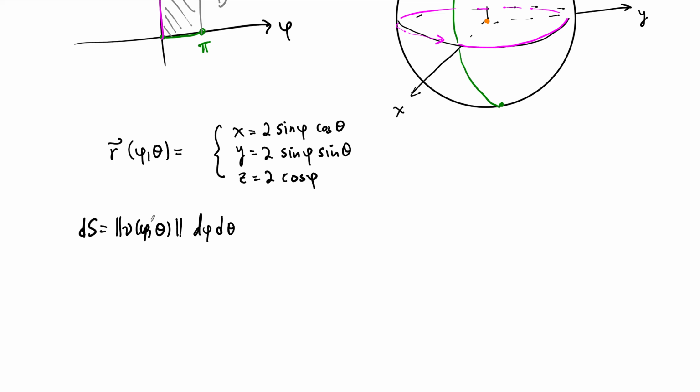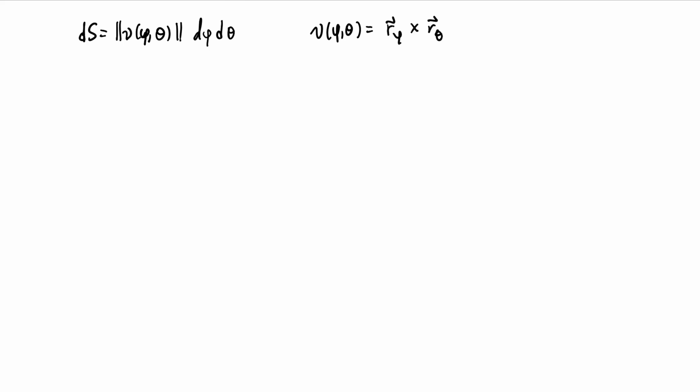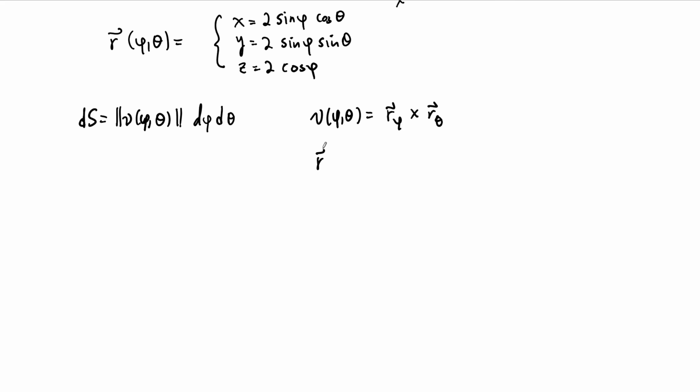Remember that nu of phi and theta is equal to the cross product of r sub phi with r sub theta. So I'm going to write these out. Here's our function. r sub phi, the phi derivative of our vector function r, is 2 cosine phi cosine theta, 2 cosine phi sine theta, and -2 sine of phi.